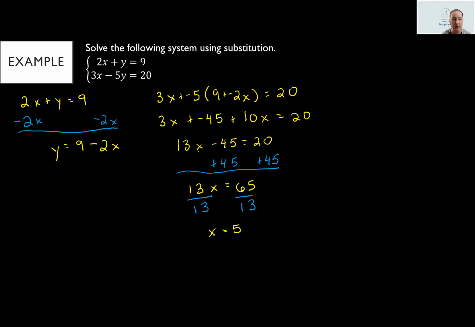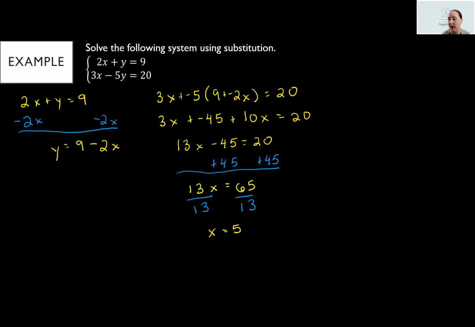So now we have half our answer. We need to find y. We can plug it into the 2x plus y equals 9, or we can plug it into 3x minus 5y equals 20. But we can also plug it into the one that we solved, y equals 9 minus 2x.